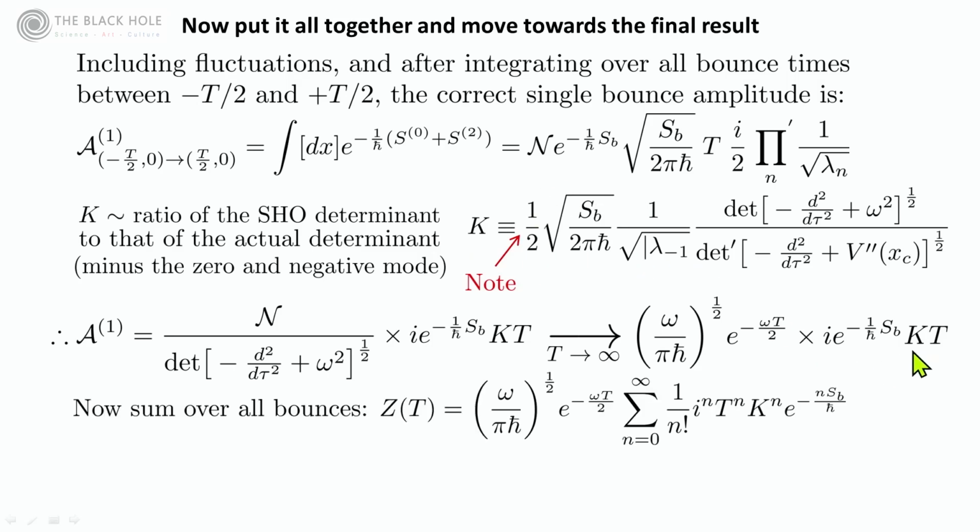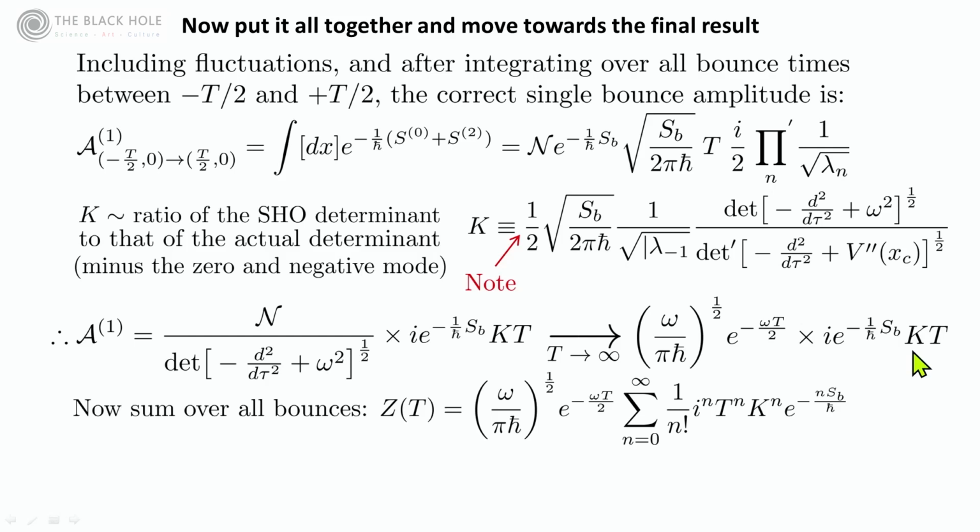And now if we want to take all instantons, that is to say all bounces. So you see, the first instanton can go at time minus t over 2 and arrive at time tau equal to 0 and then return at time plus t over 2.